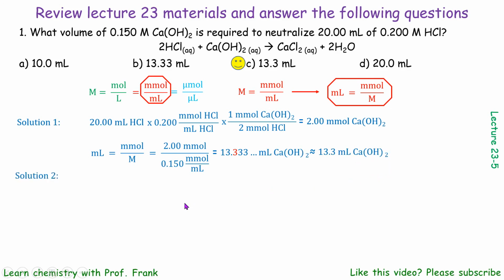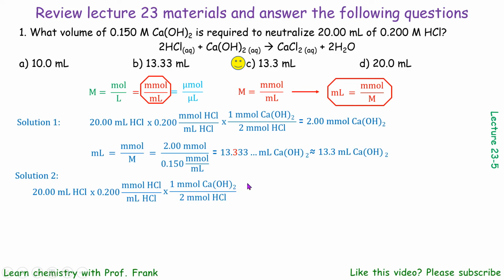Another solution, that should be an easier one. We do the same thing, start from 20 milliliter of HCl, converting from milliliter to millimoles of HCl, then further from millimoles of HCl to the millimoles of calcium hydroxide using the coefficients in the balanced equation. Now you see millimole HCl, they are cancelled. Milliliter HCl, they are cancelled.